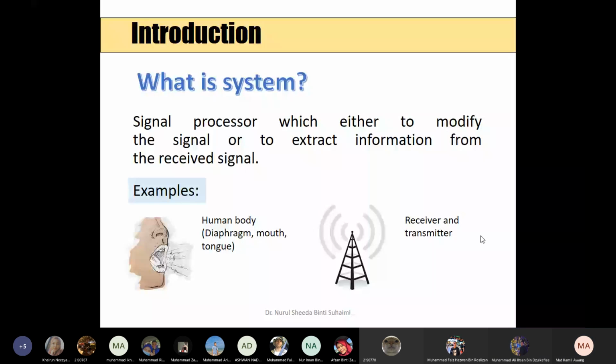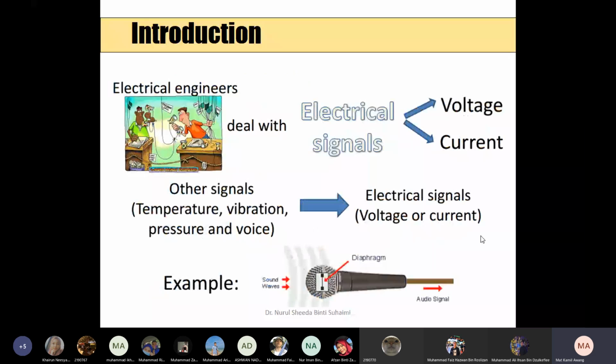Another example is radio waves. You have a transmitter to transmit the signal through the air, and a receiver to receive the signal and reproduce the audio, for example. An electrical engineer basically deals with electrical signals, which involve voltage and current.